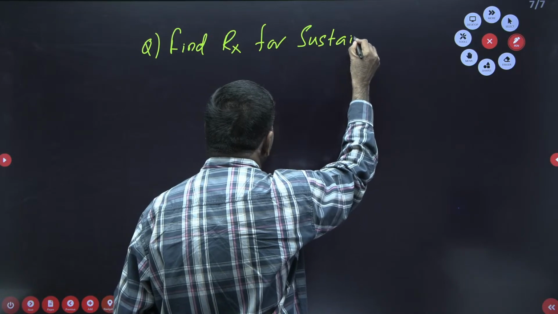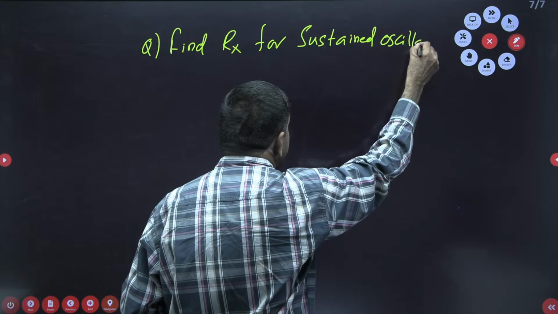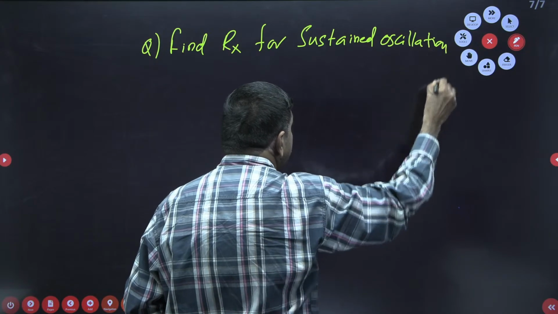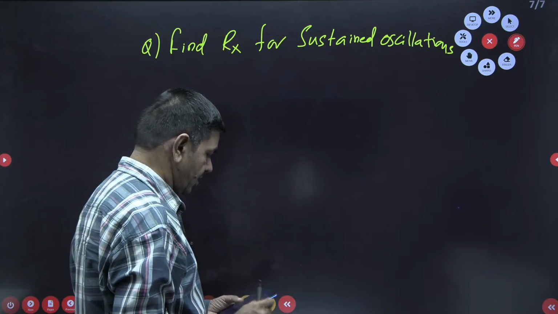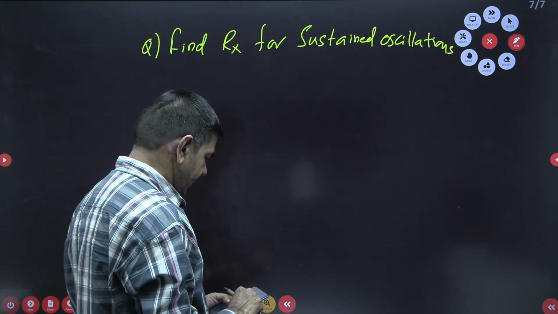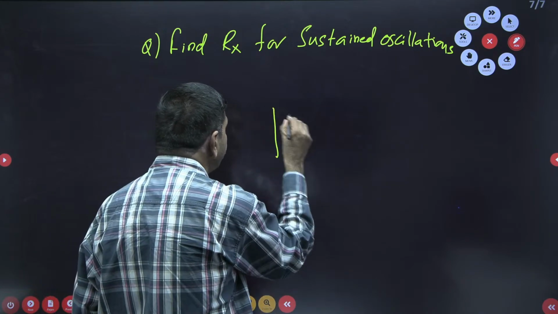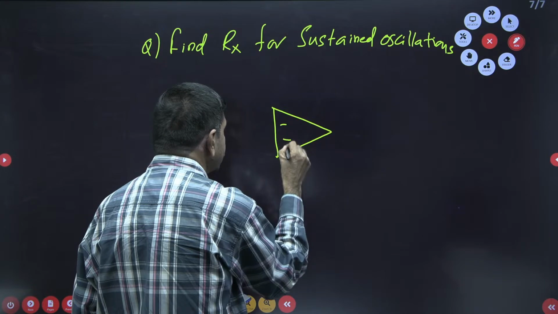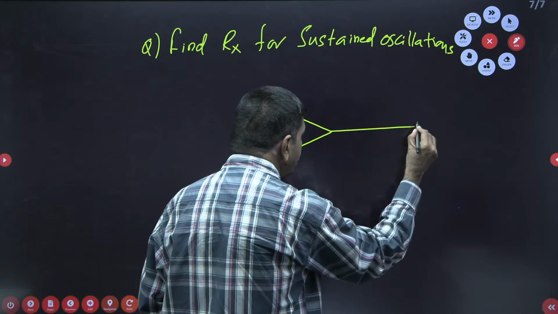When you are given sustained oscillations, the given network can act as an oscillator only now. Here the network is given like this. There is an op amp, minus and plus. Here I can get the V0 value.